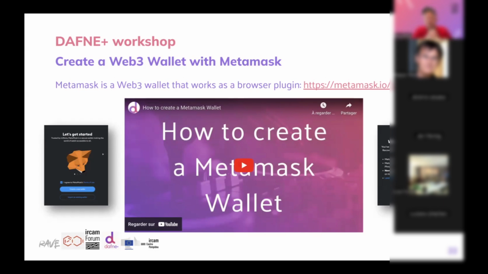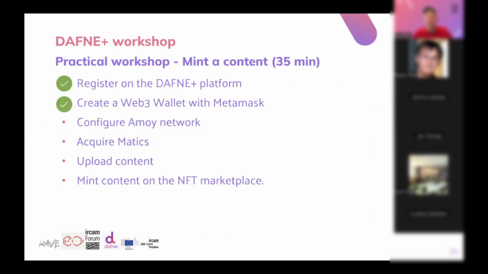We will connect to a network, Amoy, which is a fake network designed only for research purposes, meaning for people who develop websites or applications based on these cryptocurrencies, as a test coin, let's say.